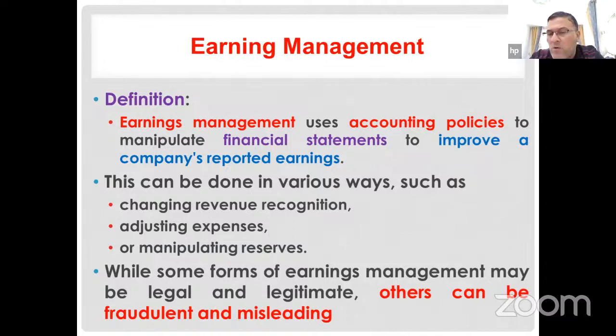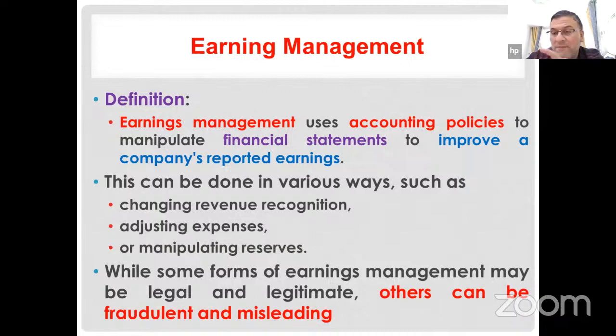How is earnings management done? This can be done in various ways, such as changing revenue recognition, adjusting expenses, or, the worst one, manipulating reserves. While some forms of earnings management may be legal and legitimate, others can be fraudulent and misleading.